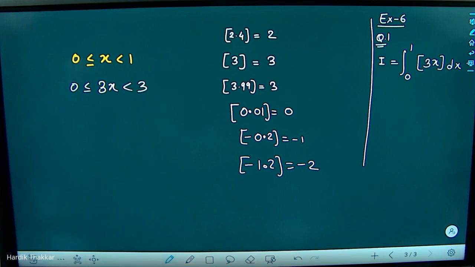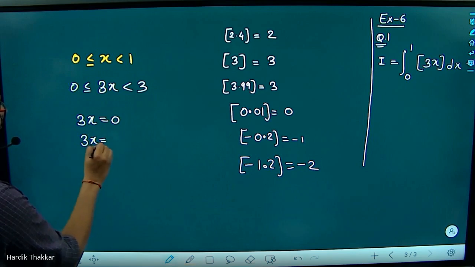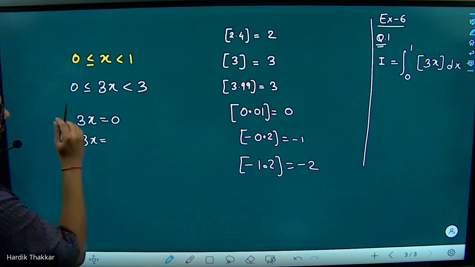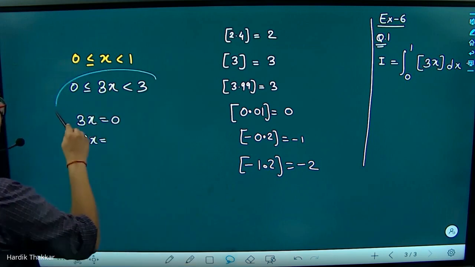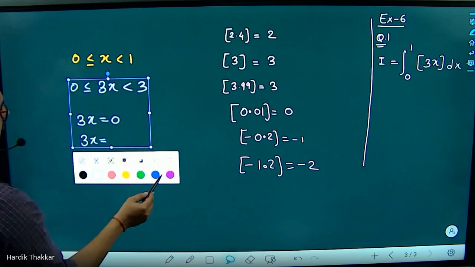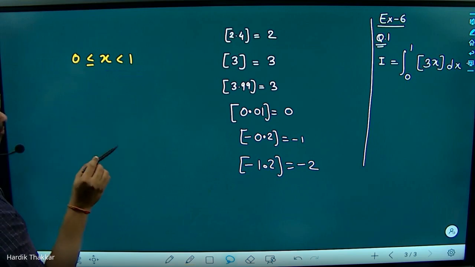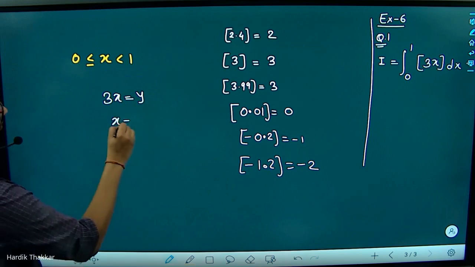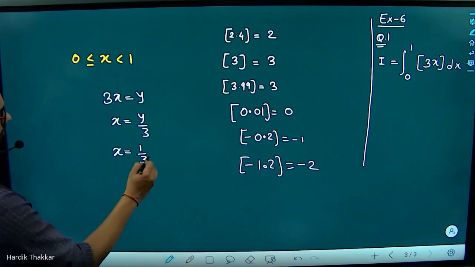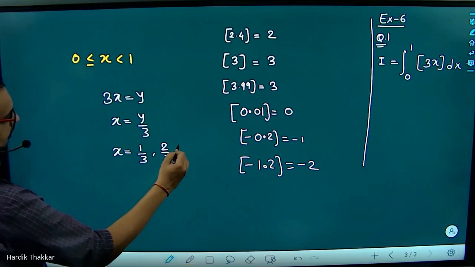So its value will be either 3x equals 0, or 3x equals 1, 2, 3. Just let me write it this way.